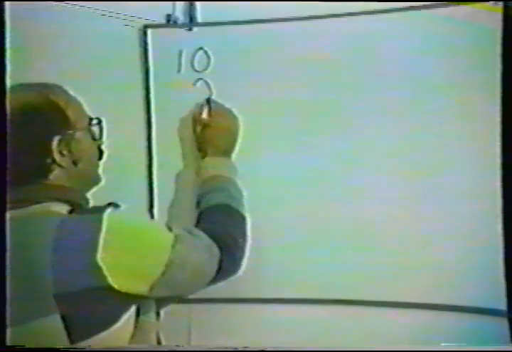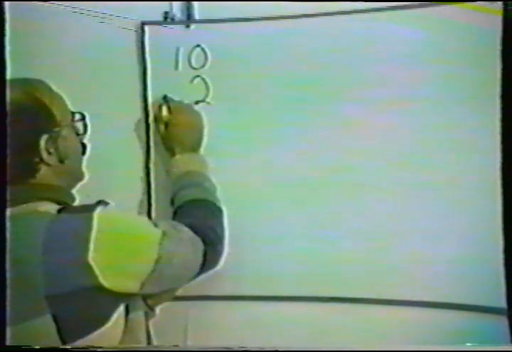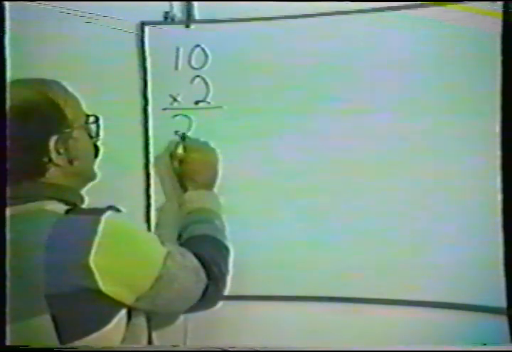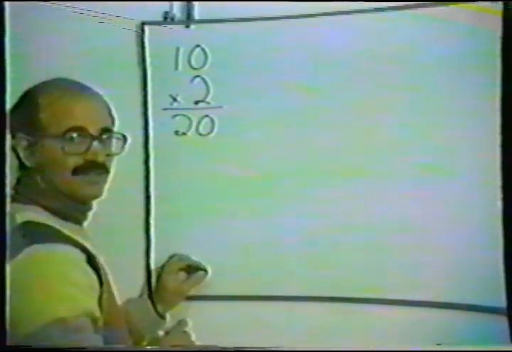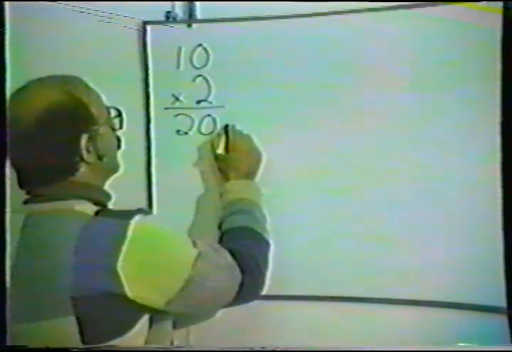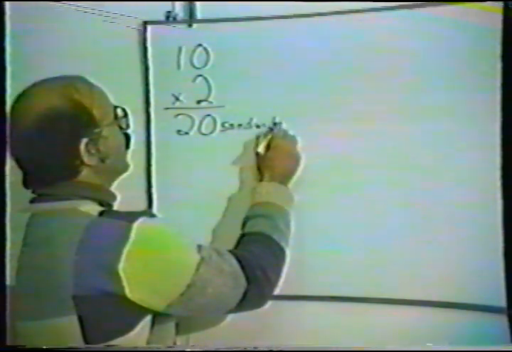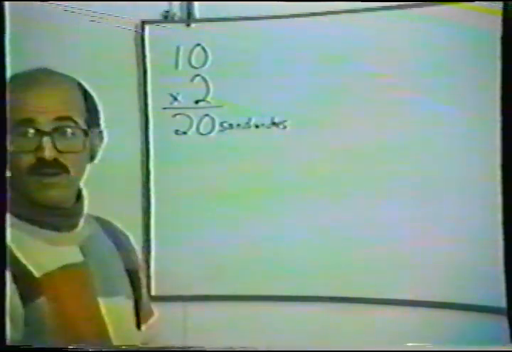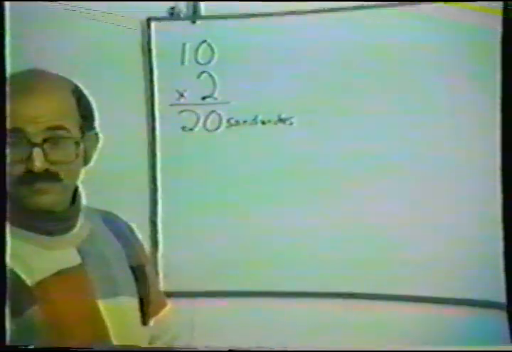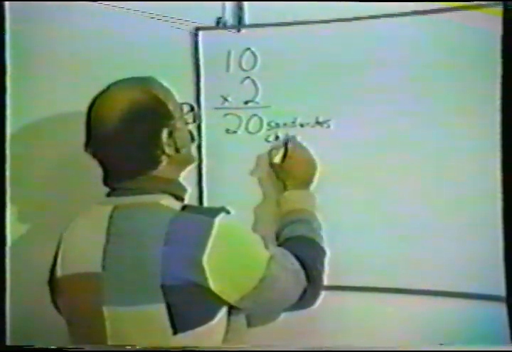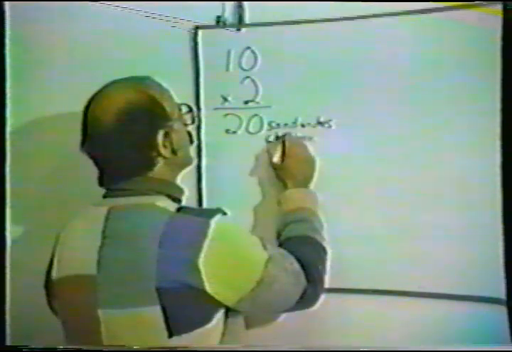Multiply. 10 children, 2 sandwiches for each one. 10 times 2 is? 20. 20 what? Sandwiches. 20 sandwiches. And which sandwiches are these? Children's. 20 sandwiches for children.